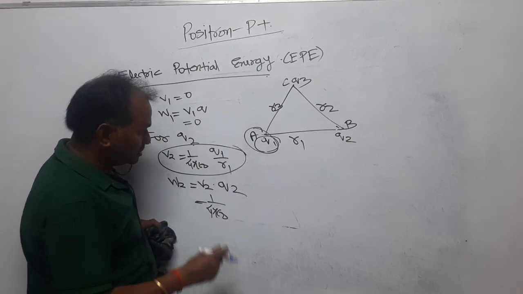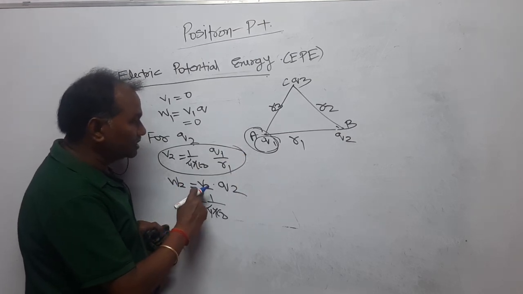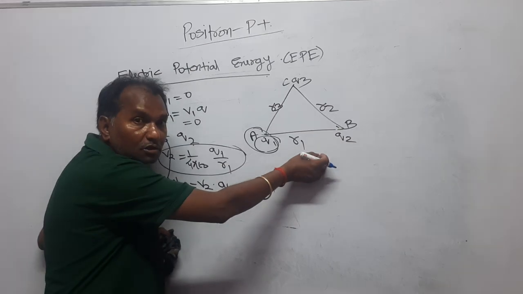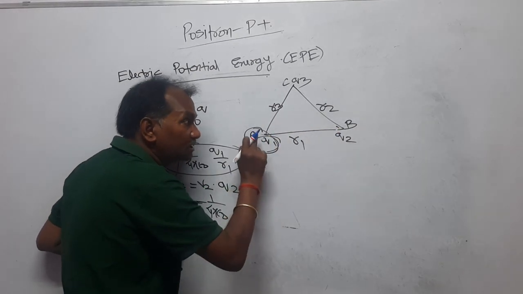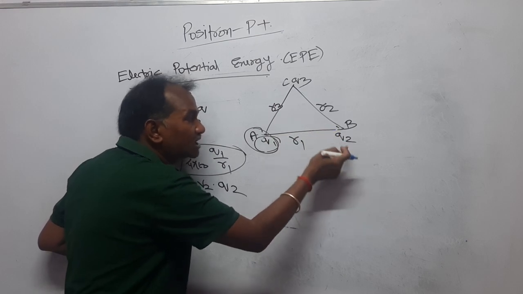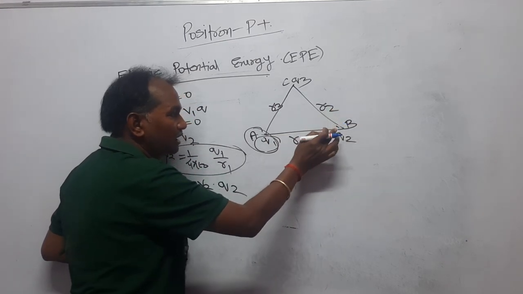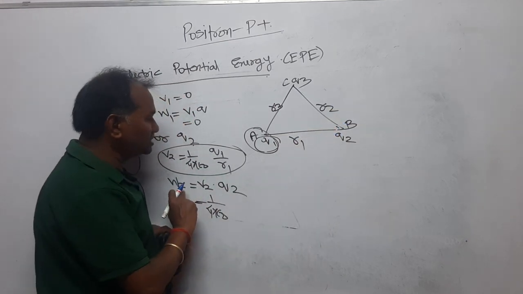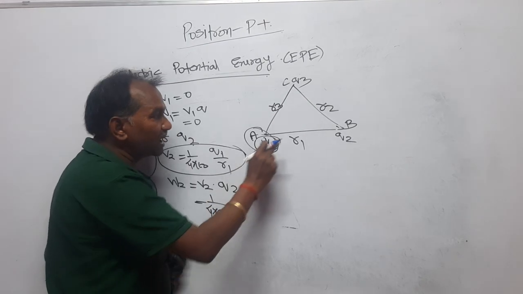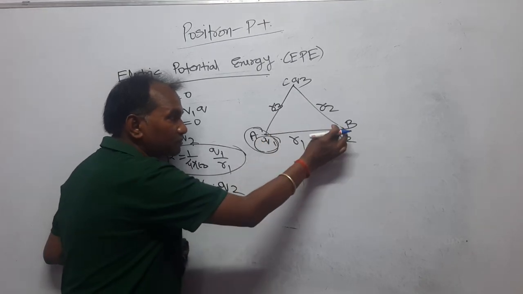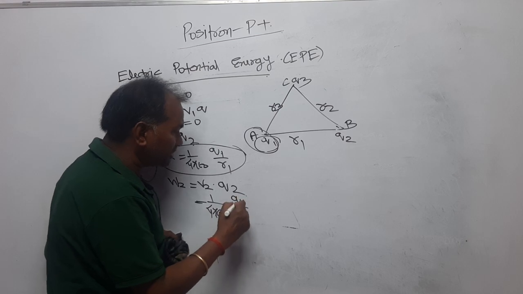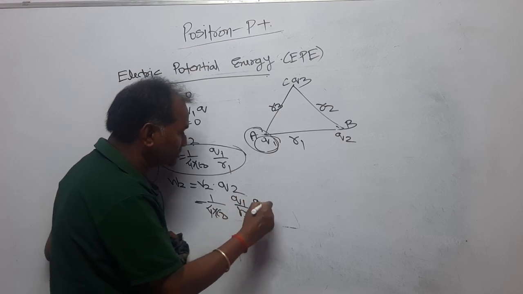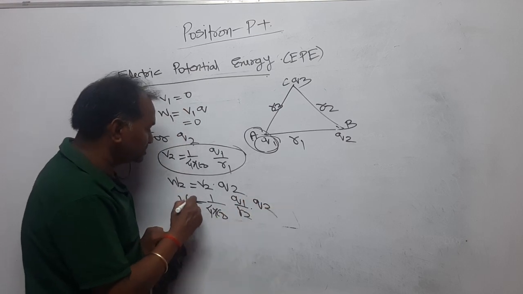Now you are bringing Q2, so the potential due to Q1 exists here, in which charge Q2 is brought. That is why W is equal to V2 into Q2, and V2 because of this potential is 1 upon 4 pi epsilon naught Q1 upon R1. Now charge Q2 is brought, so W2 becomes that much.